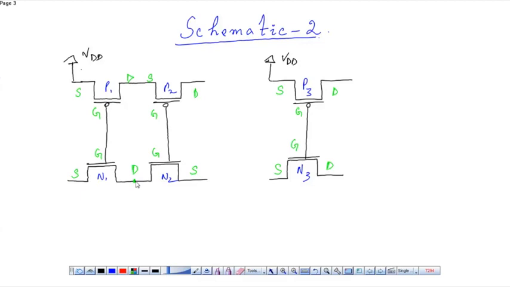We have common drain. This drain is connected to the common drain, and these two sources are shorted to ground.